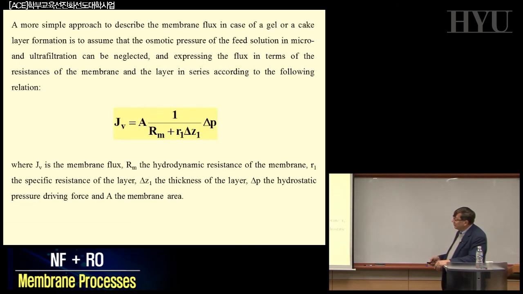When you are in this kind of situation, the equation that you have to consider for your volumetric flux is this one. There is a proportionality between the overall transmembrane flux and the driving force, with a term of proportionality that we have learned, but what is changing here is that the membrane itself is changing with time.